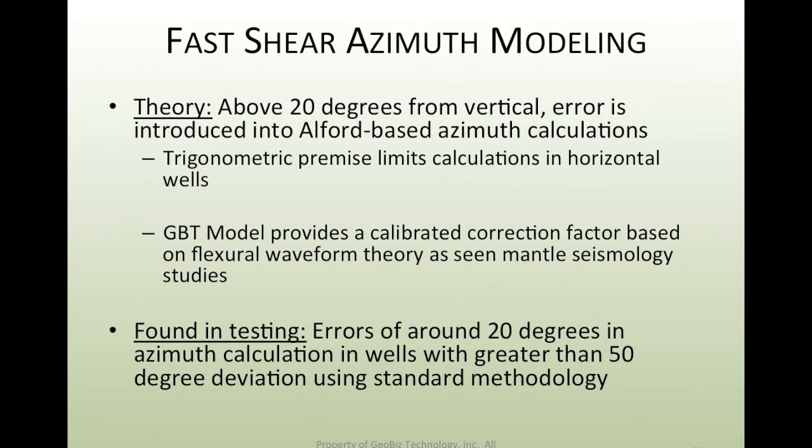What we came across was that even in Alford's original paper, and in other well documented papers as well, these calculations were based on vertical wells. And the trigonometric premise limited the calculations when we translated this information into a horizontal or highly deviated well. What's also well documented is that above 20 degrees from the vertical, error is introduced into these Alford-based azimuth calculations.